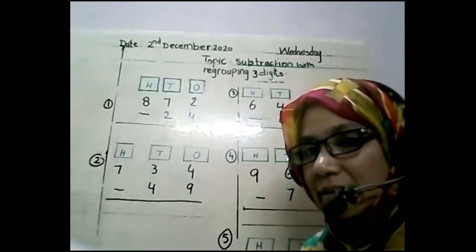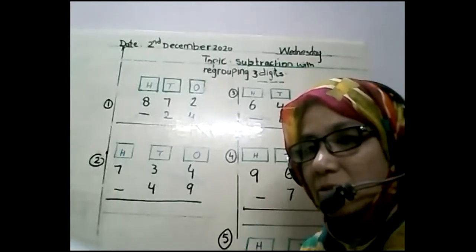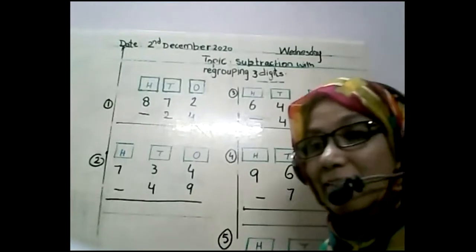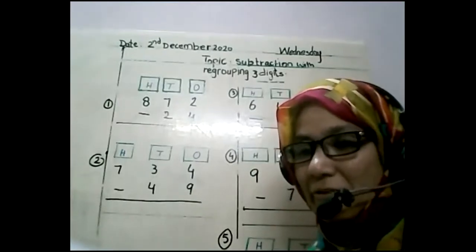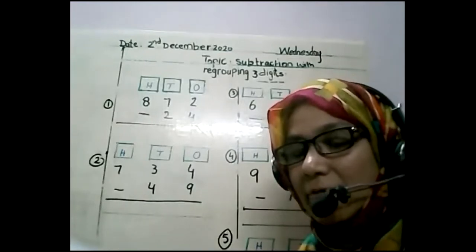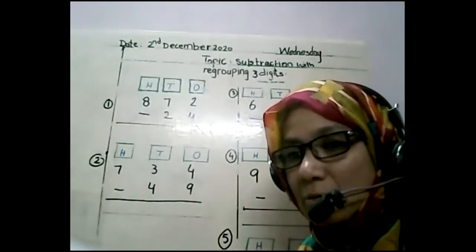Hope you are fine. And today in maths class, as you know, this is maths class, and in maths, we have been doing subtraction in different ways. Means first of all, you learn how to subtract.